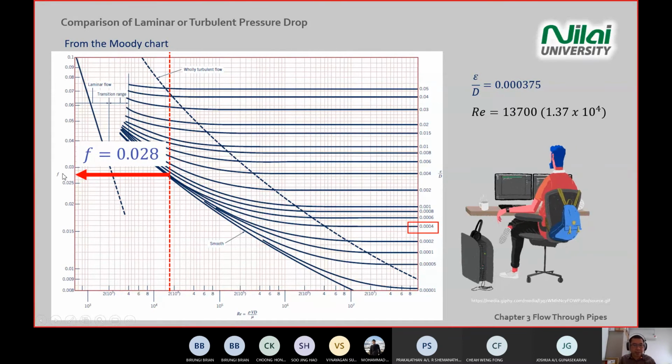Sometimes you're given the Reynolds number and the friction factor, and then it asks you to modify the pipe, for example the diameter of the pipe, so that it meets the specific condition needed for operation. I think this step is not very complex, it's very straightforward. The only mistake is that some of you might enter into a wrong line, and then you get confused.